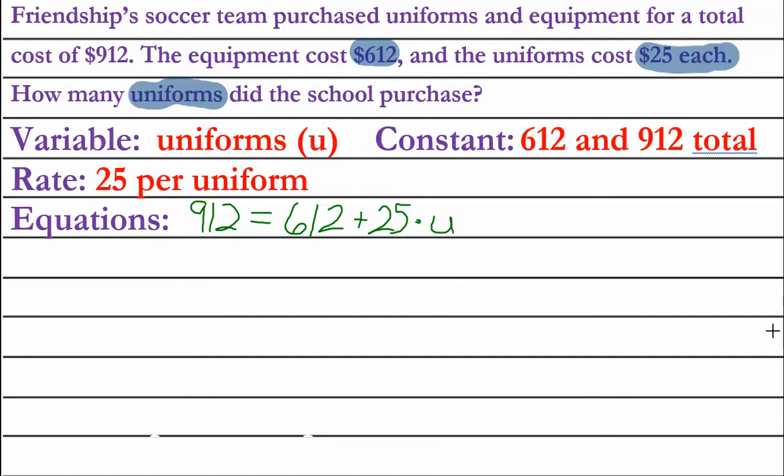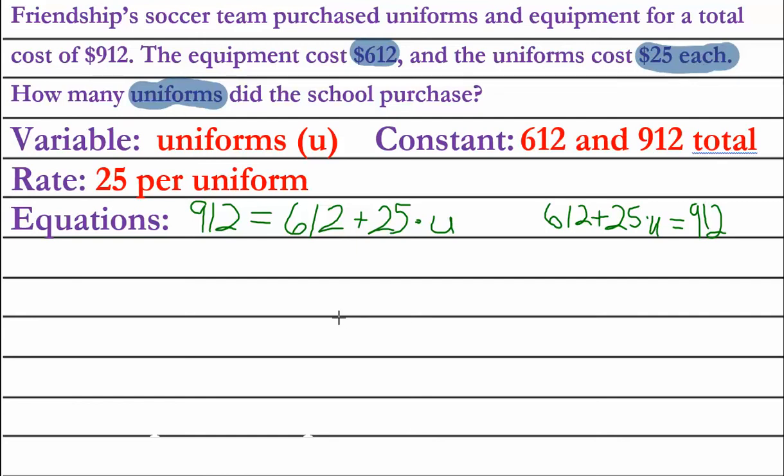So you can do that one, or you could have done the opposite. You could have done 612 as an initial cost plus 25 times U equals 912. Either way is acceptable. You'll still get the right answer so long as you have the right setup. So don't fret about that too much. Just make sure you have things in the proper places.